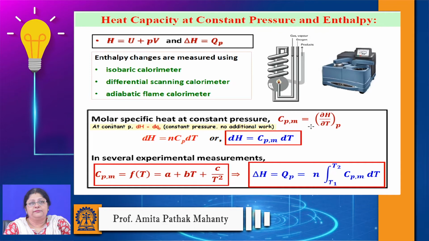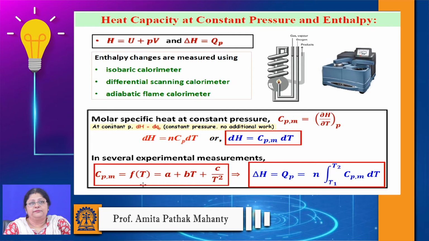So Cp dT is equal to dQp. So delta H is equal to the molar specific heat at constant pressure times dT, which is equal to Qp, the heat transferred at constant pressure.